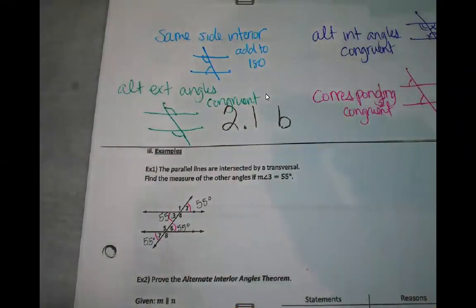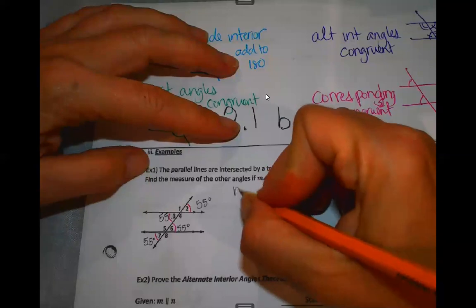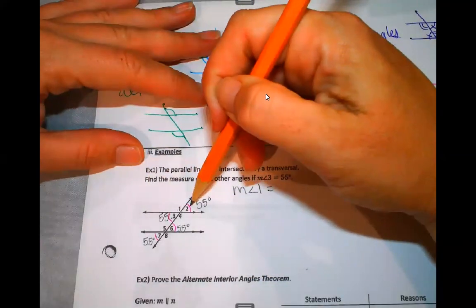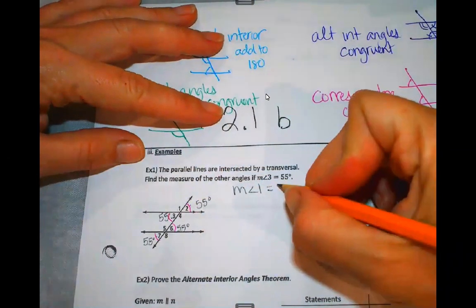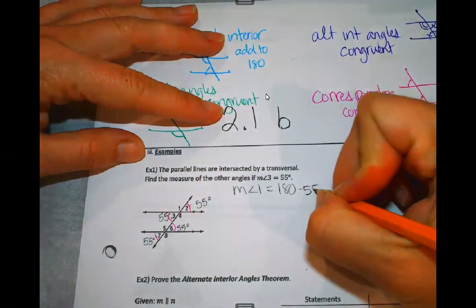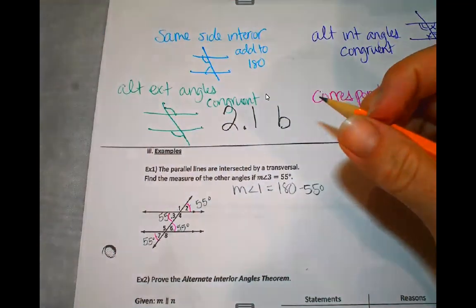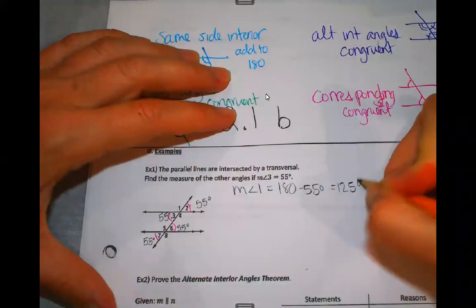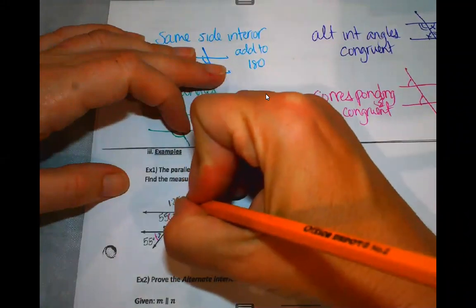Now, I can do the measure of angle 1. Doesn't 1 plus 2 make 180? So I could do 180 minus 55 degrees, right? And I would get 125 degrees. So angle 1 is 125 degrees.